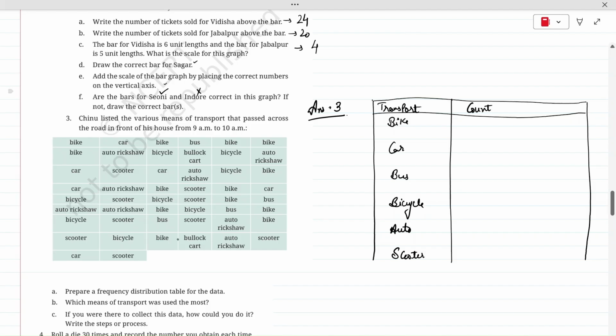Anything else? Yes, a bullock cart also. If you identify any other thing, we will write it.